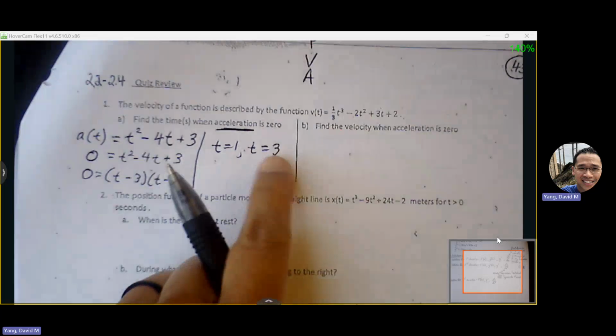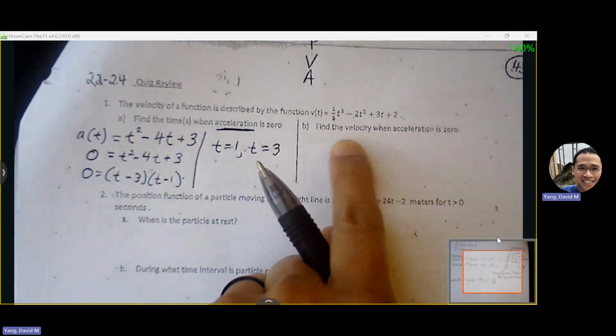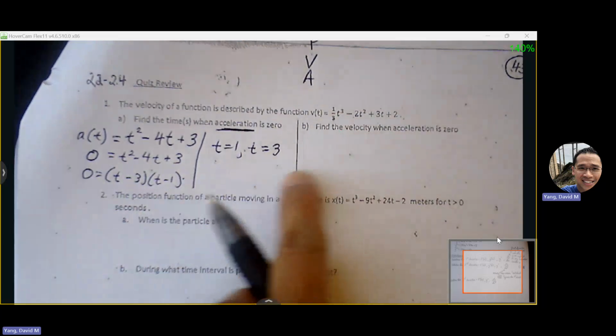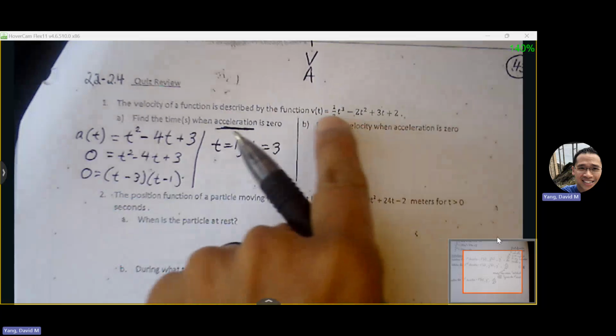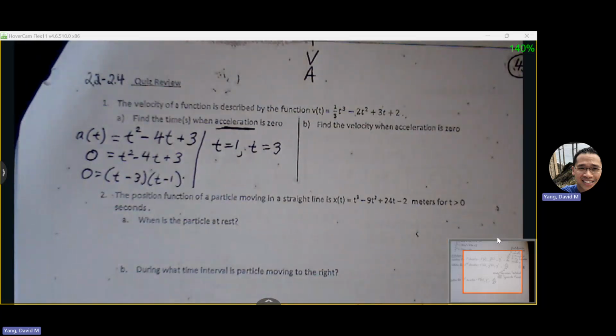So now that we have the moments in time when acceleration is 0, we can find the velocity when acceleration is 0. So we can plug 1 and 3 back into velocity to find the velocity at those moments in time.